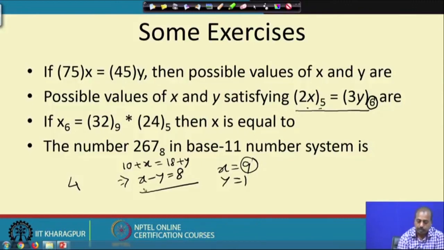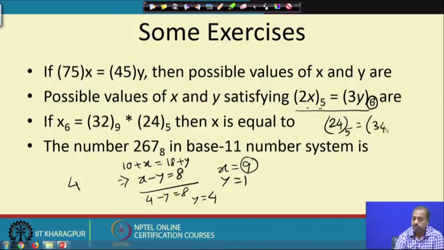So, if I put x equal to 4, then 4 minus y equal to 8, or y equal to minus 4. So, that is a possibility. So, I take x equal to 4 and y equal to 4. So, 24 to the base 5 equal to 34 to the base 6. Is it correct? 5 into 2 is 10 plus 4.